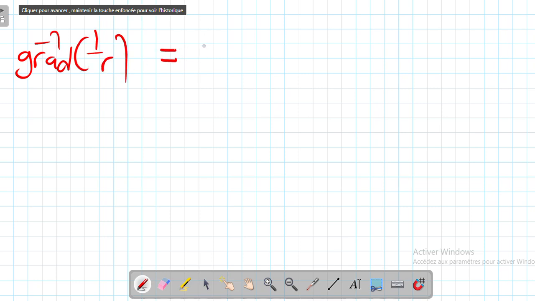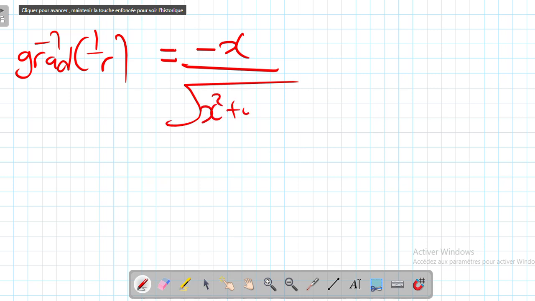So therefore the gradient of 1 over r in Cartesian coordinate system is equal to, we had different components. The first component gave us negative x over (x squared plus y squared plus z squared) to the power 3 over 2. So gradient is a vector. People are forgetting this.